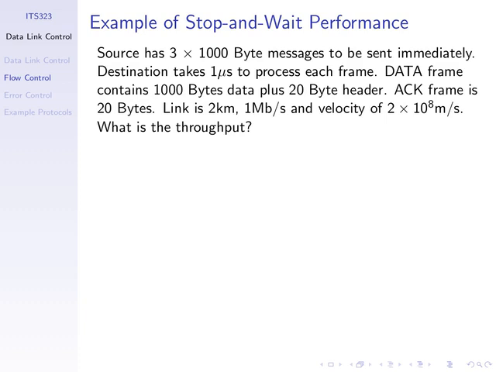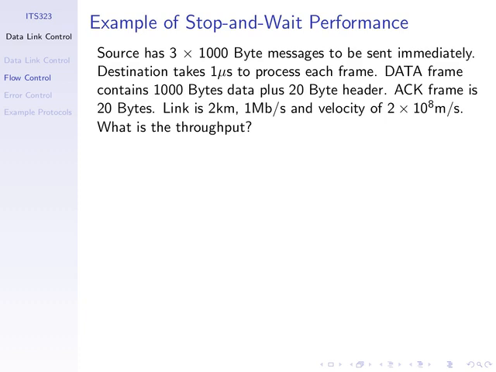So the transmission delay of the ACK frame, we calculate it the same way as the data frame. We have 20 bytes to transmit. The link speed in both directions is the same, 1 megabit per second. Which is 160 microseconds. 20 times 8 divided by 1 million.